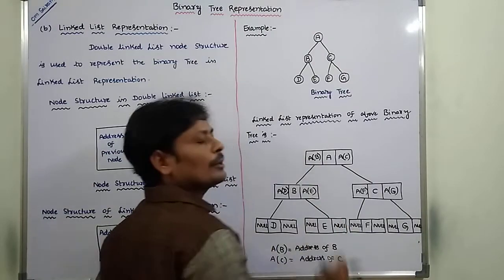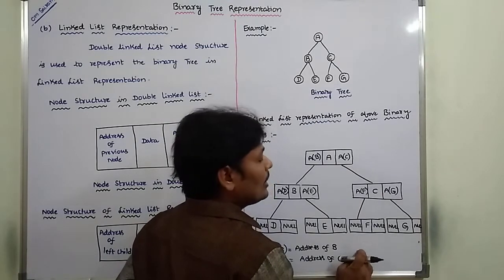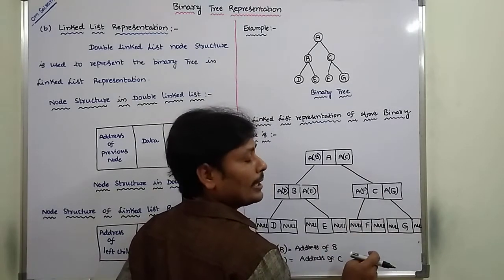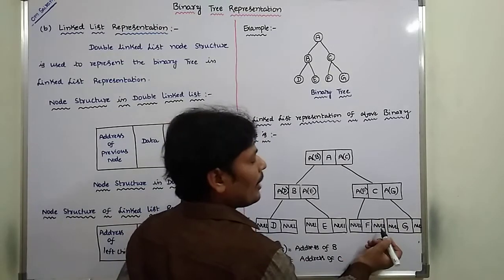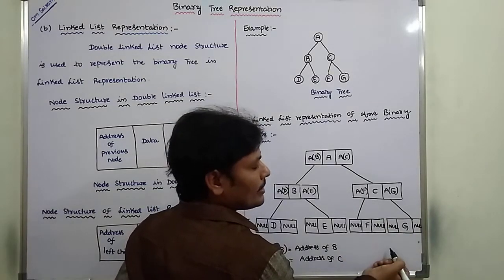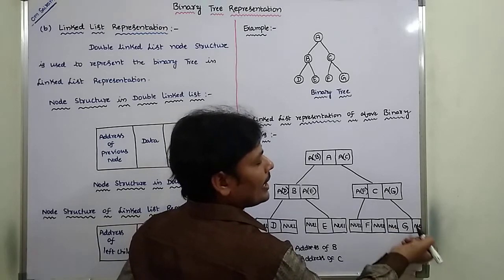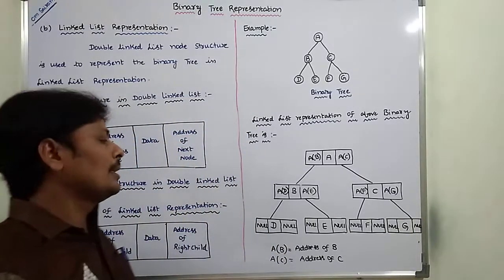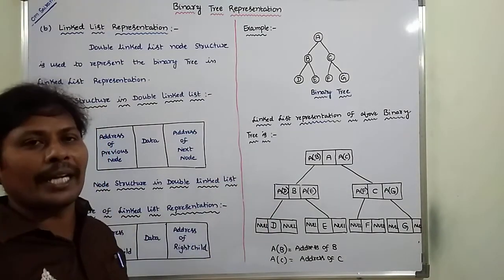In the address part we have to write null. F does not have left child, so we have to write null in the address part. F does not have right child, here we have to write null. G does not have left child, here we have to write null. G does not have right child, here we have to write null. So this is the linked list representation of binary tree.